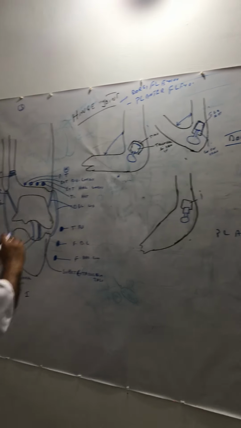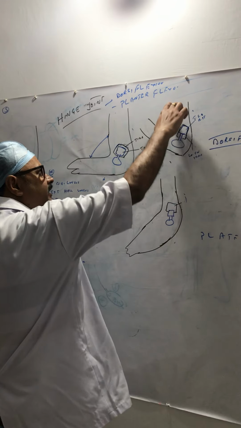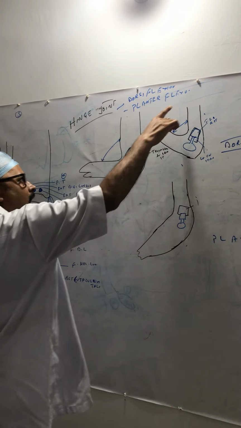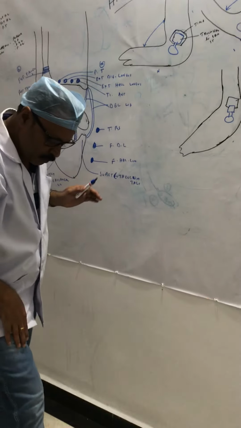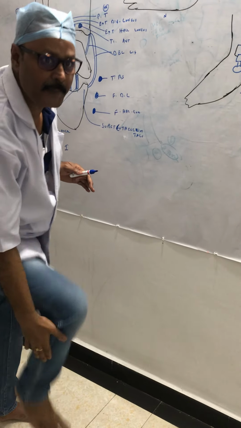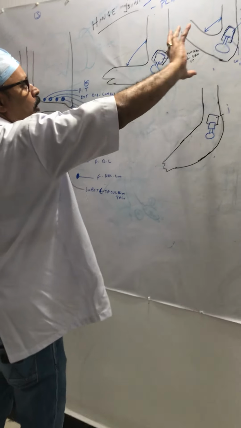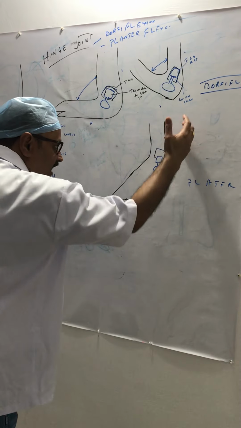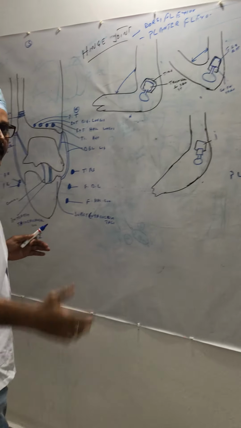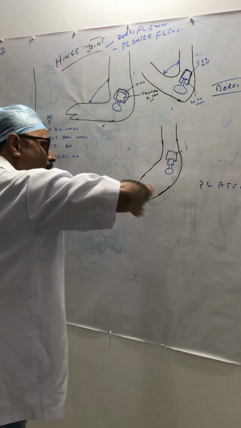All the muscles on the anterior surface of the tibia are responsible for dorsiflexion, and all the muscles on the posterior side are responsible for plantar flexion.